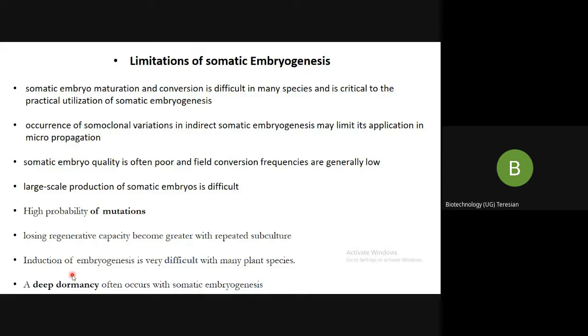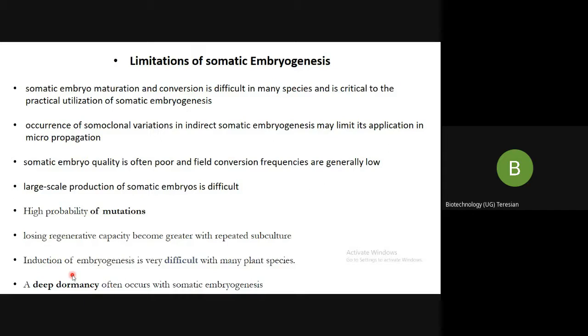So what happens? They are still recalcitrant. When they are recalcitrant, we are unable to produce. Recalcitrant means they cannot withstand the harsh laboratory conditions we are providing. Though they are not really harsh conditions, they feel there is too much stress which they can't tolerate.